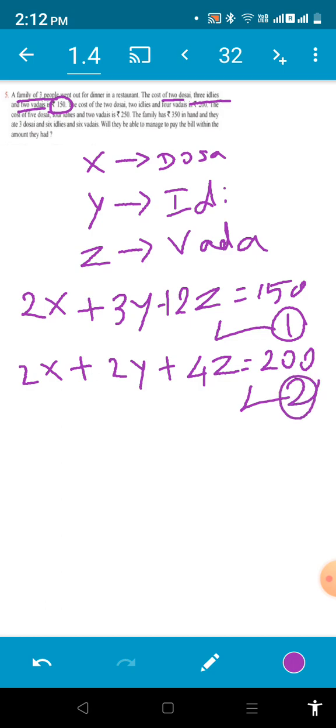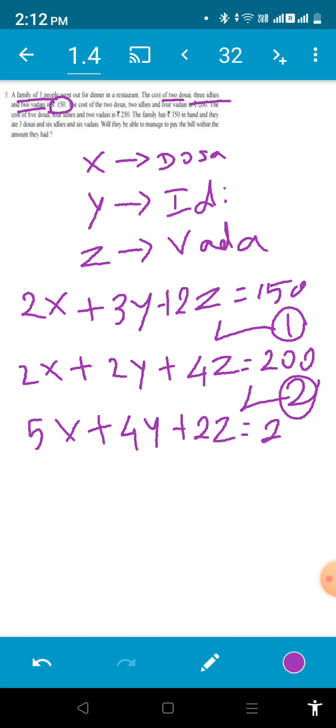Then similarly the third equation: the cost of 5 dosai, 4 idlis, 2 vada is 250 rupees. So I take 5x plus 4y plus 2z is equal to 250 rupees. This is the third equation.